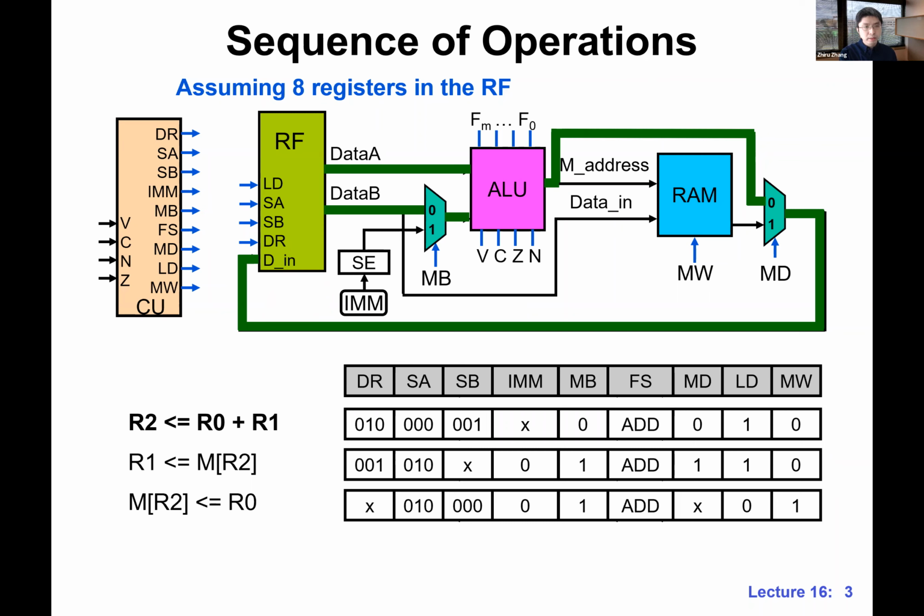That's how we can address them. Over here, we are assuming that we have 8 registers in RF. That's why we are using a 3-bit address. And also later on, the assumption is that in our RF, we have 16-bit registers. So that's the width of the data. So this is the first instruction.